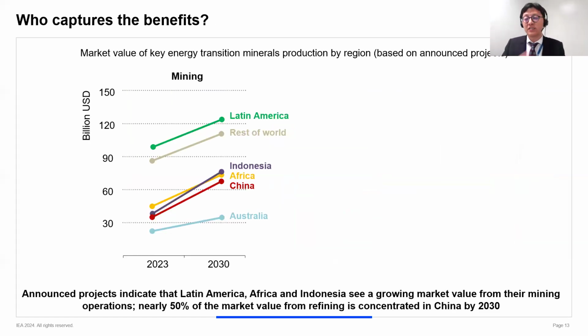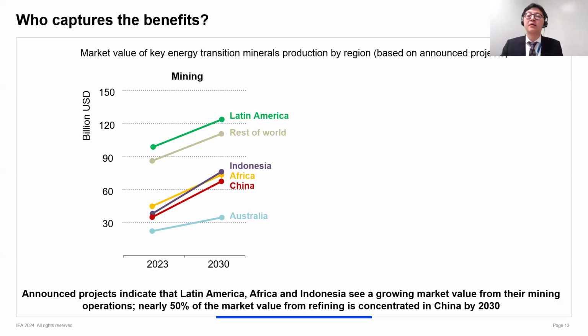As demand grows for these critical minerals, the market value and market size of these critical minerals also grow quite rapidly in our projections. In the net zero scenario, the market value of the six key transition minerals almost doubles, reaching some 800 billion by 2040. Who captures this growing market value?